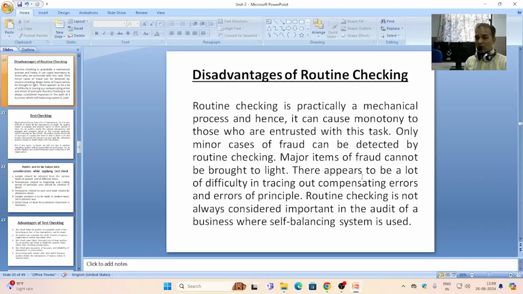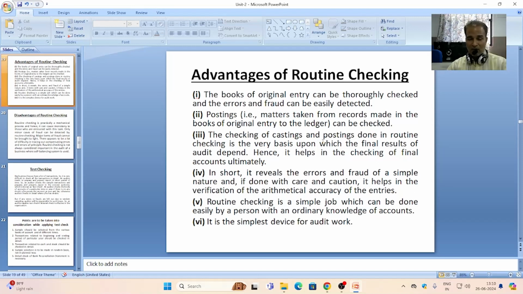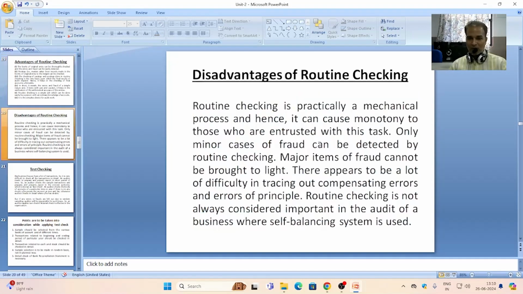There appears to be a lot of difficulty in tracing out compensating errors also, like errors of principle. Routine checking is not always considered important in the audit of a business where a self-balancing system is used. So there are various advantages, but some limitations are also with routine check.